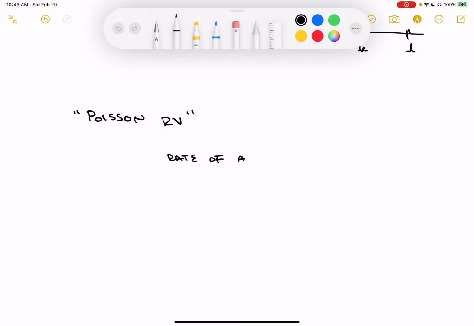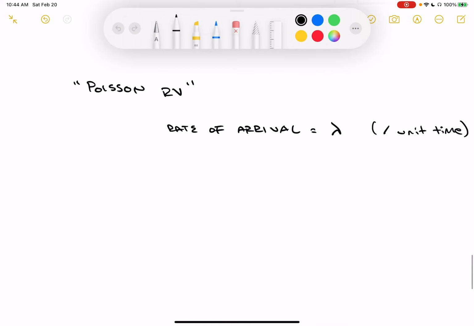This is one that I'll give an example of a little later, so we'll be able to see these parameters in action. There's going to be some rate of arrival parameter, which we're going to call lambda, and that's per unit time. So there's some assumption of a unit time that our rate is taken over, like so many people per hour, or so many photons per second, or whatever the case may be.